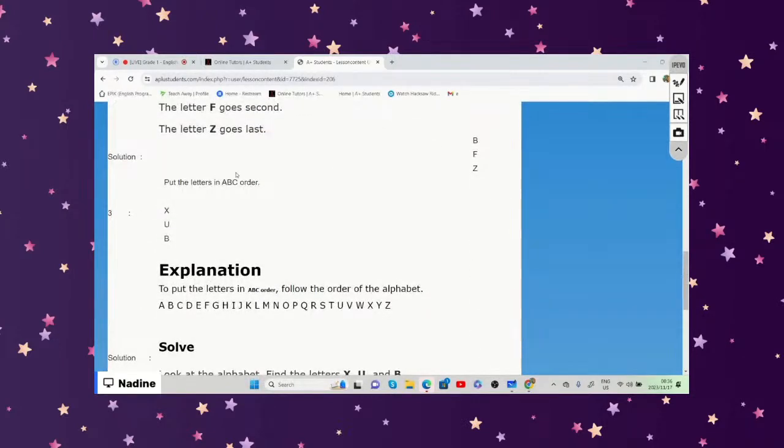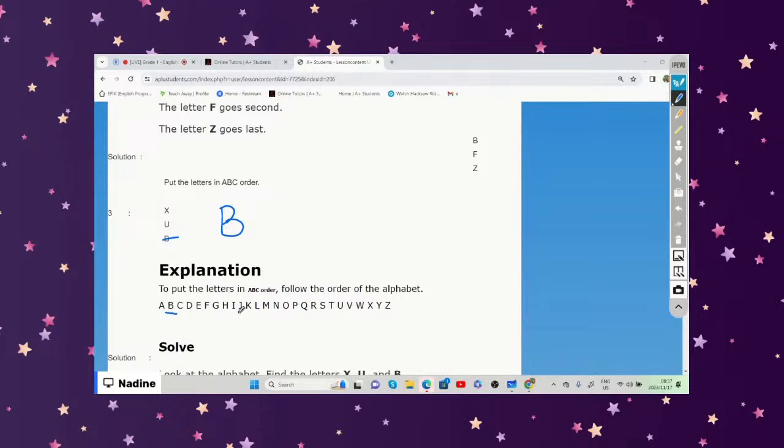All right, let us put these letters, which is X, U, and B, in order. If we specifically look at our alphabetical list, the order of the alphabet, our first letter is B that we can identify, and we write down B, right?